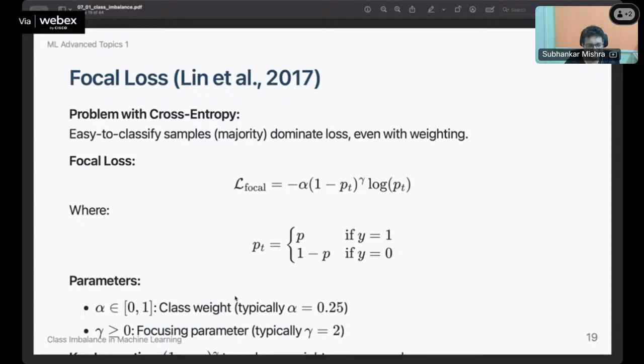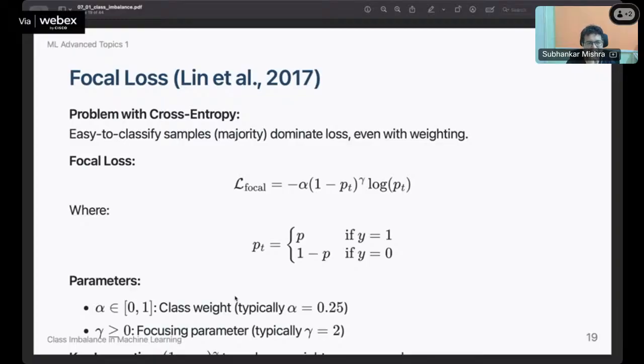What if pt is 0.5? That means very uncertain, so 1 minus pt is 0.5, and it becomes a moderate loss. Now if pt is equal to 0, it is confident but definitely wrong. So 1 minus pt is equal to 1 and it's a full loss.